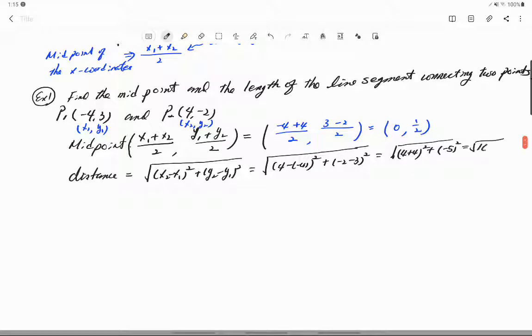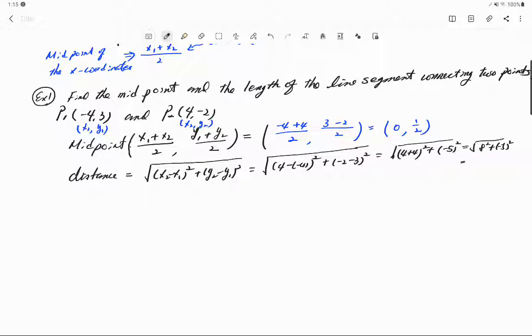Then 16 squared plus 25, right? Wait a second. Okay, sorry about this one, not 16. 4 plus 4 is 8, so this is 8 squared minus 5 squared.